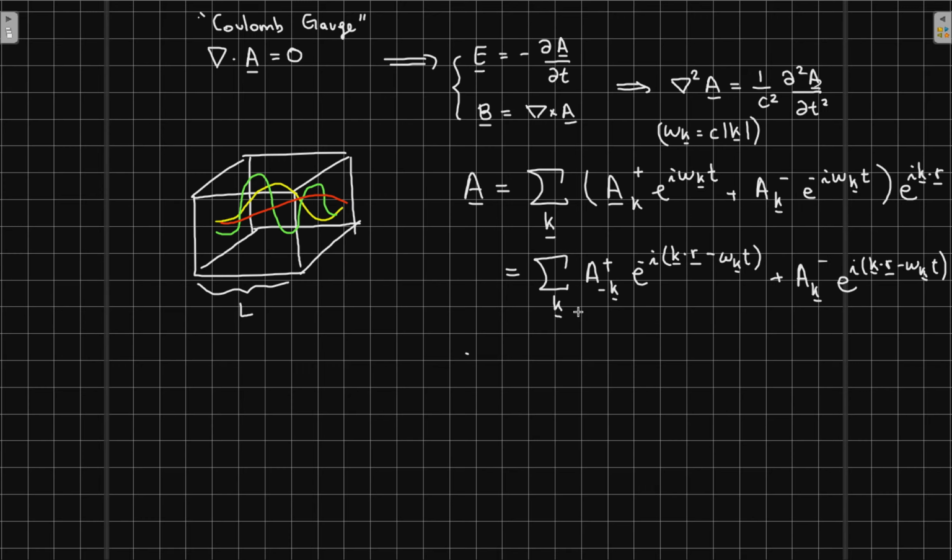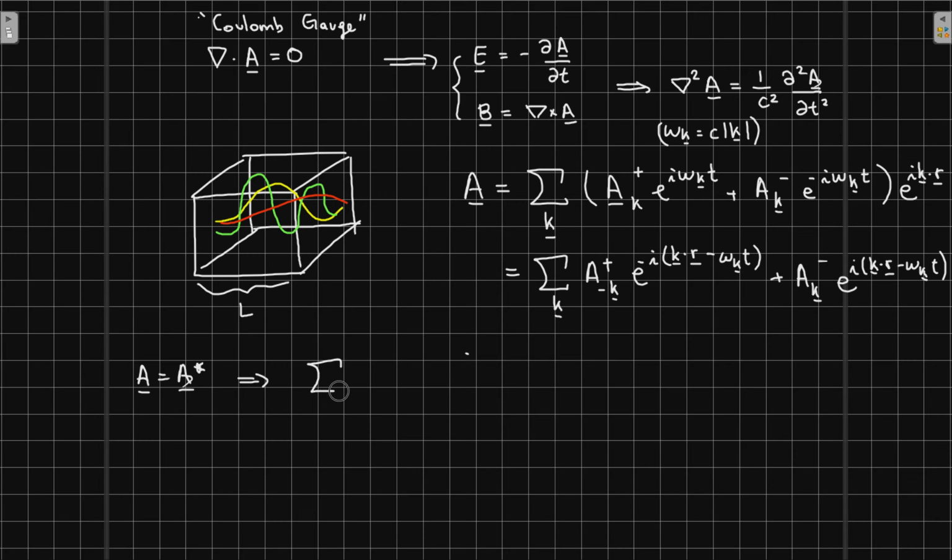Now, note that the vector potential has to be a real quantity. It cannot be a complex valued function. So we need A to be equal to A dagger.